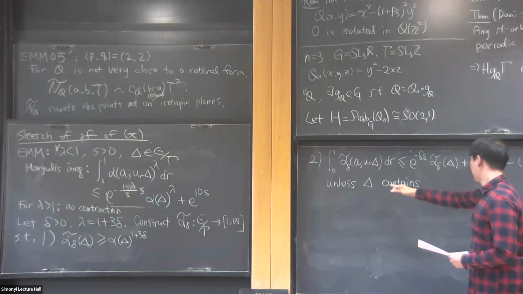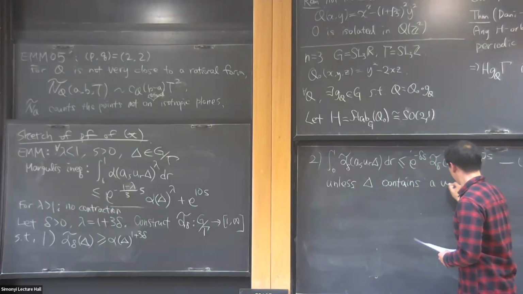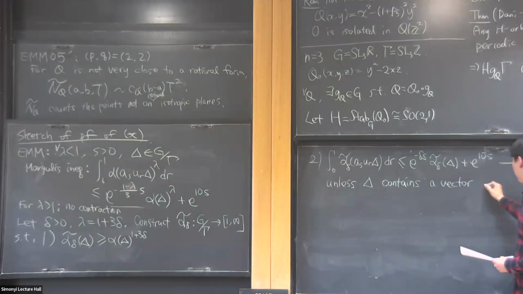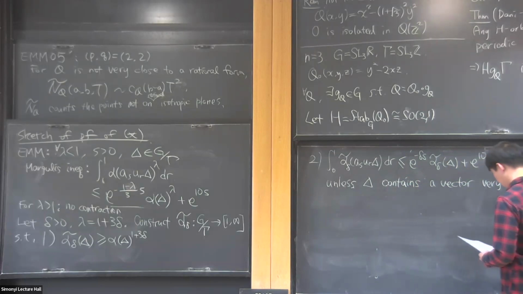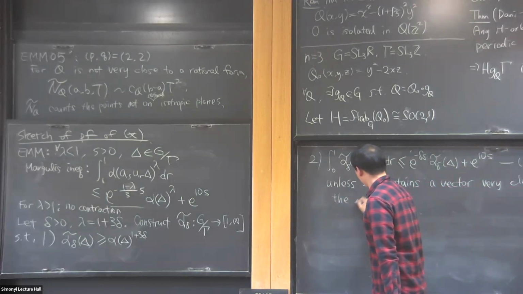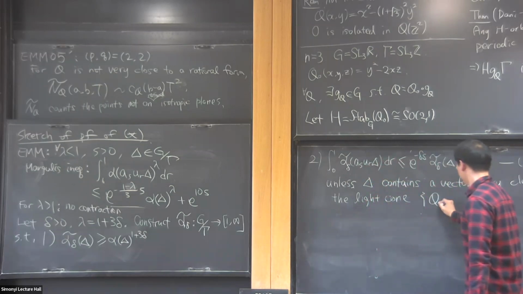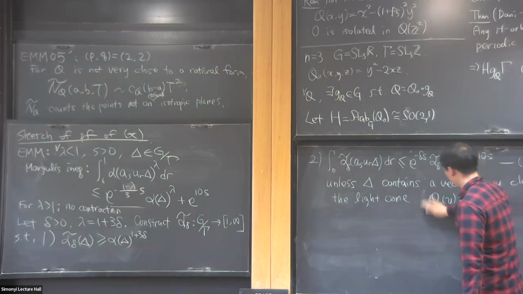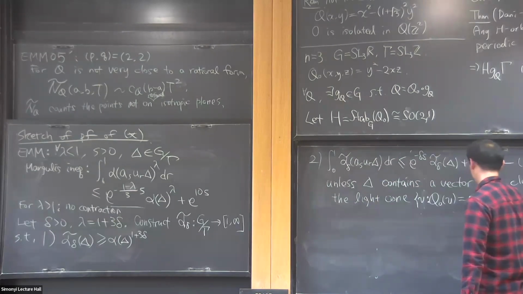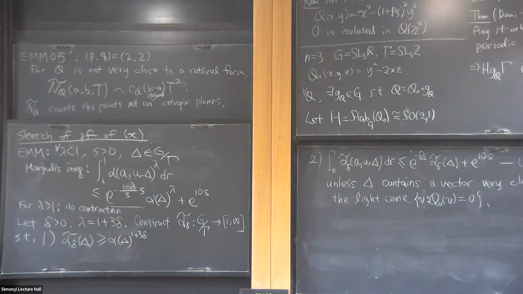When our lattice delta contains an almost isotropic vector, so a vector very close to the light cone given by the locus of the standard quadratic form Q0, let me call this exceptional set epsilon.